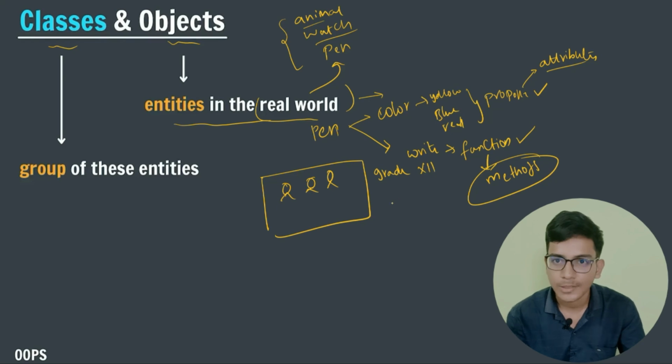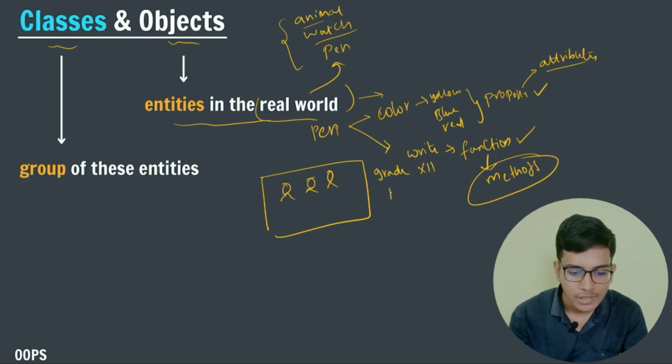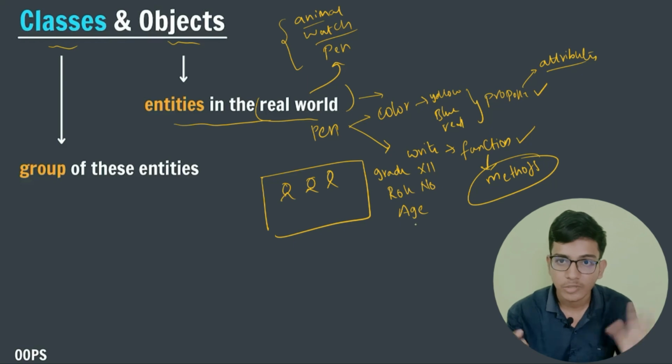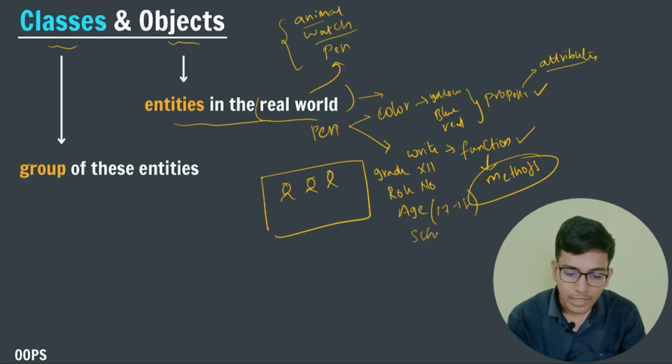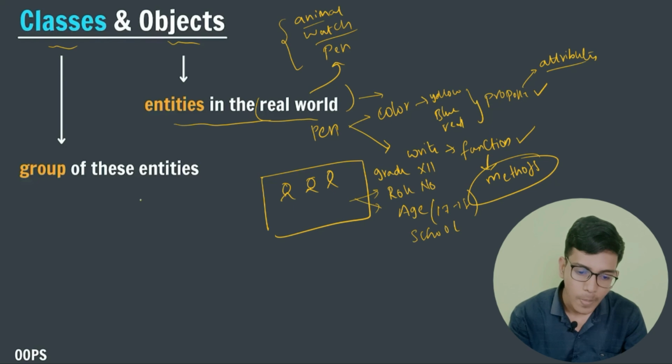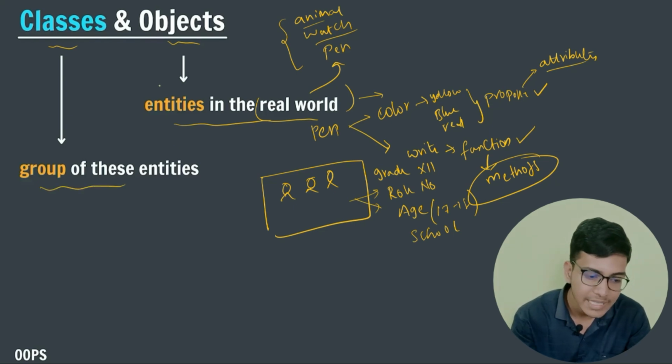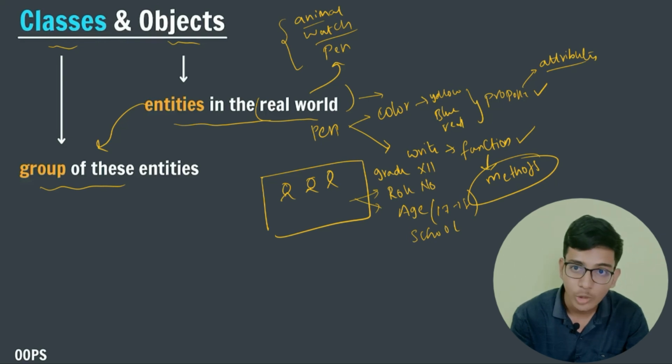Each one has a roll number, they are from similar age groups, around 17 to 18, and most of them are from the same school. These are the common things. So a group of these entities is known as a class.